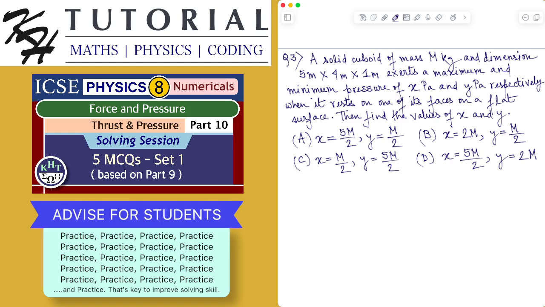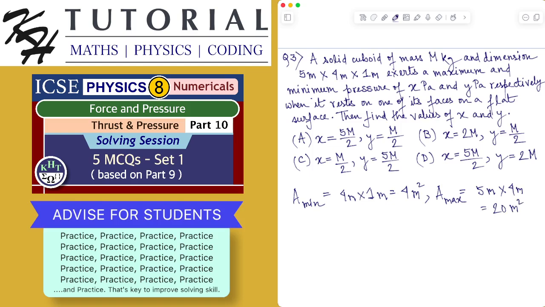So if I consider A min to be the minimum area of its face, it will obviously be 4 meter multiplied by 1 meter, which is equal to 4 meter square. Similarly, the maximum area of its faces will be 5 meter multiplied by 4 meter, which is 20 meter square.